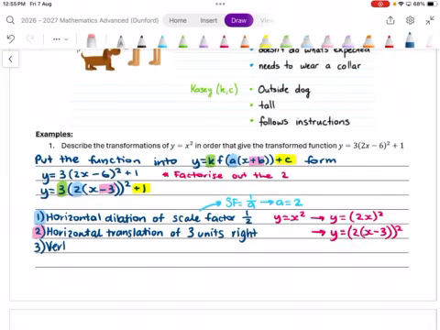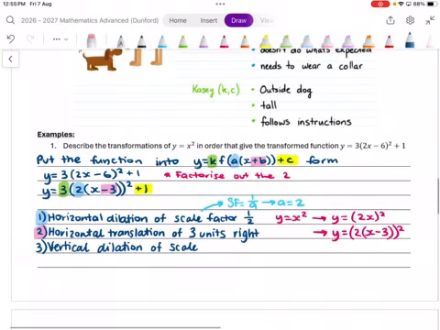So we want to do our vertical dilation. Our vertical dilation has a scale factor of what? Scale factor equals 3. Might do a little equal sign in there. So that means we have a 3 at the front of our whole function.